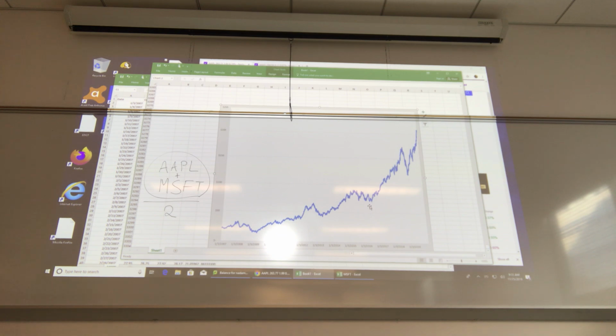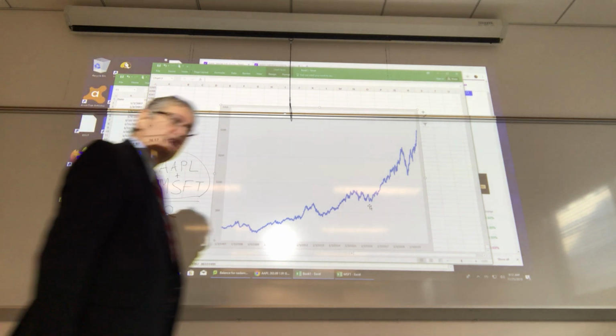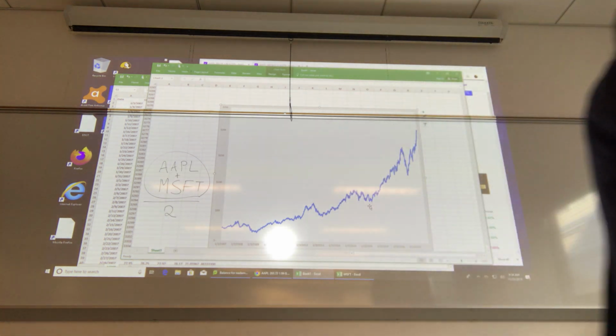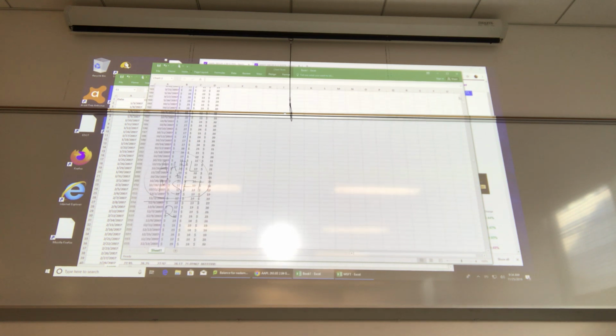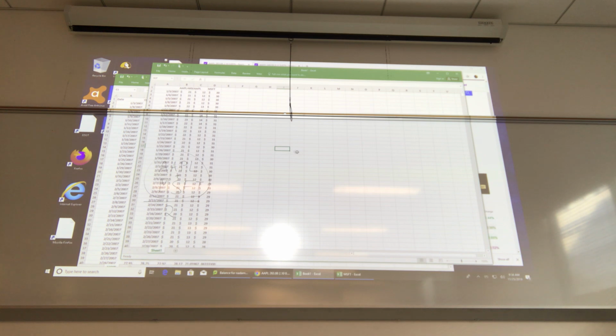If I don't have the average of these stocks, and I go on and I do it as it is in the newspaper, actually, it does something else. I take this out from here and I put it here. And the newspaper adds up the two stocks.